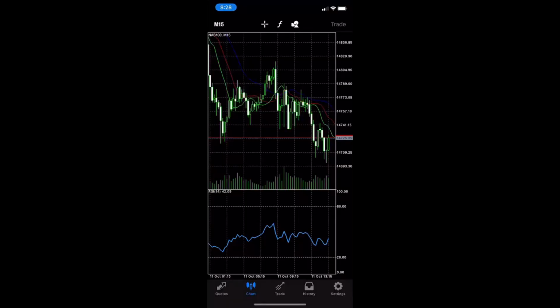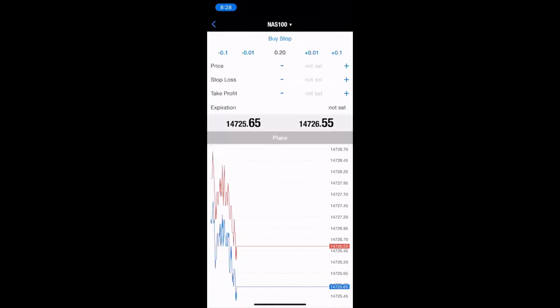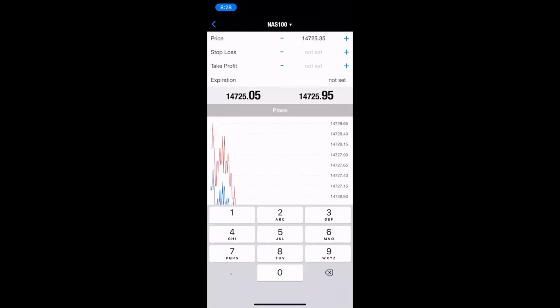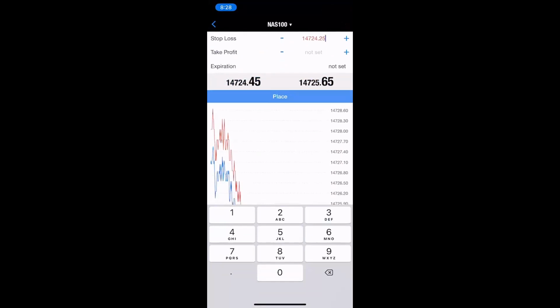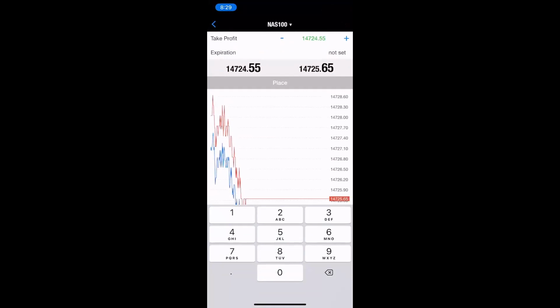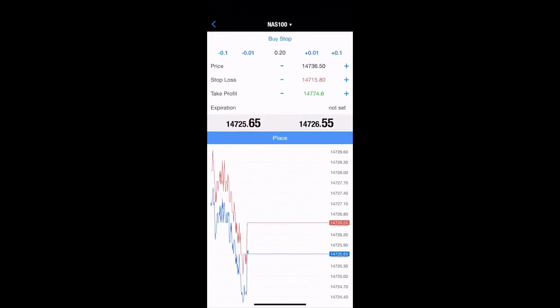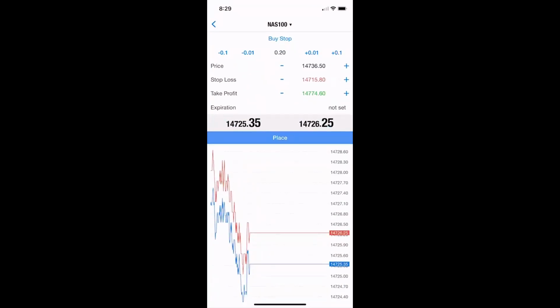All right, so I'm going to choose NAS100. I'm going to do a buy stop, more than likely. So the entry price is going to be 147,36.15. Stop is going to be 147.15.8. Take profit 147.74.6. So when the time is right, I'm probably going to go ahead and just place this pending order.